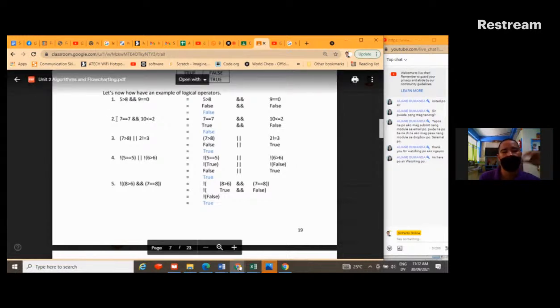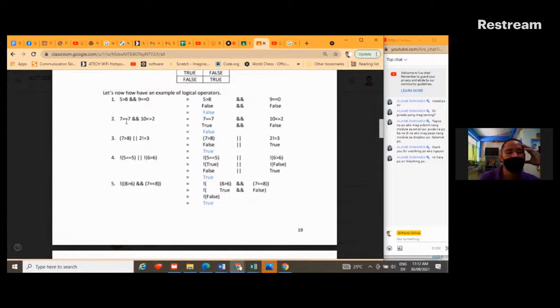Okay, next, number 2. 7 is equal to 7 and 10 is less than or equal to 2. 7 is equal to 7 is true, and 10 is less than or equal to 2 is also false. So true and false, remembering in AND if there is a false, the output will be false. So this one is false.